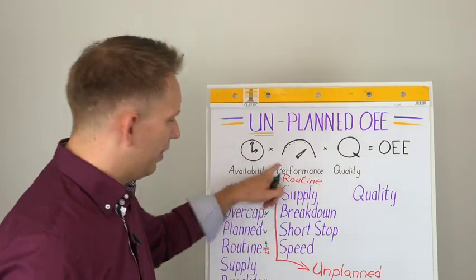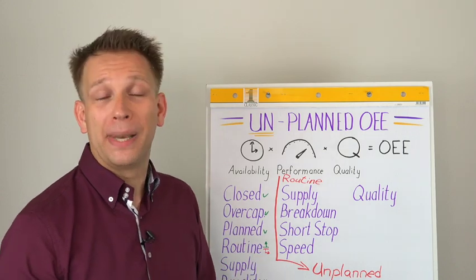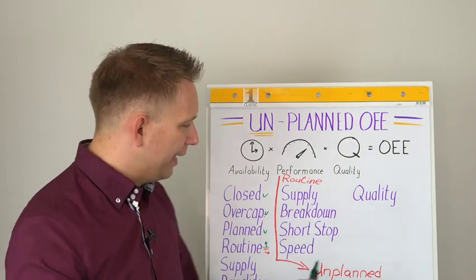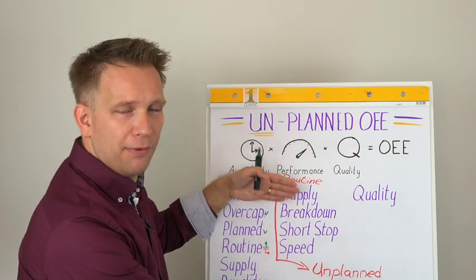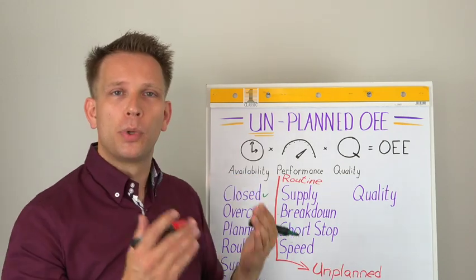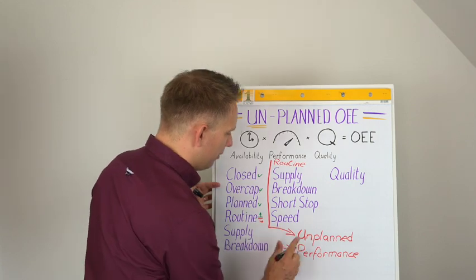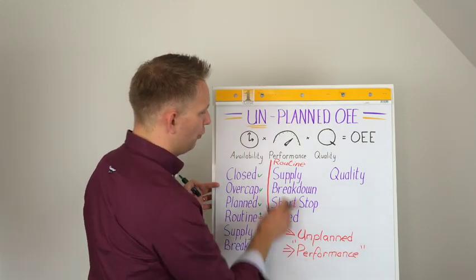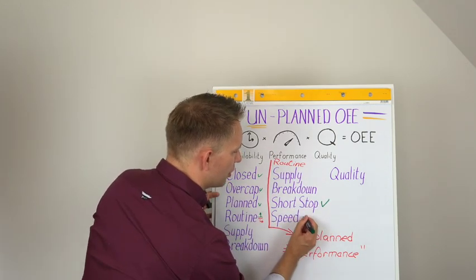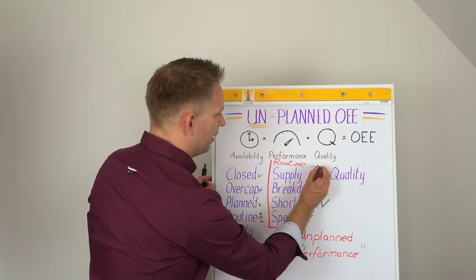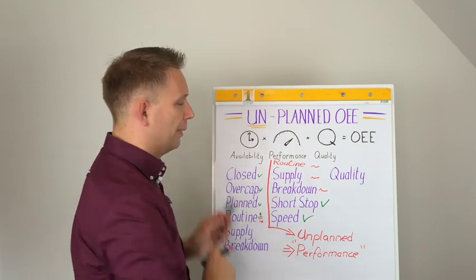So if we take this whole part, then we can have a percentage that we put into our planning software, into our planning rosters, and say our line is only 80, 90% effective. So this is the actual speed we will plan into a block where we plan a line into production. So this is not the performance, because in real performance we only have short stops and speed, and not really routine stops like setup, supply problems and breakdowns.